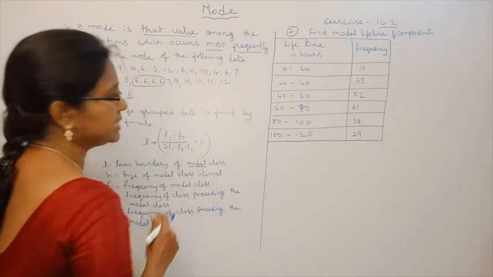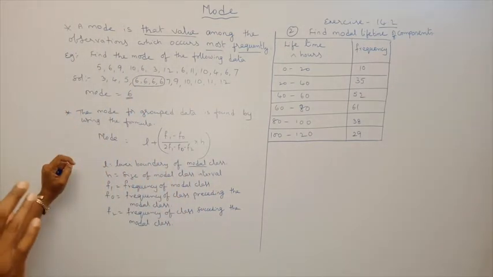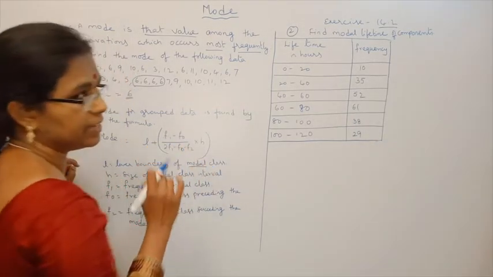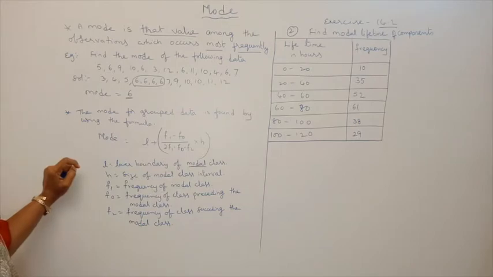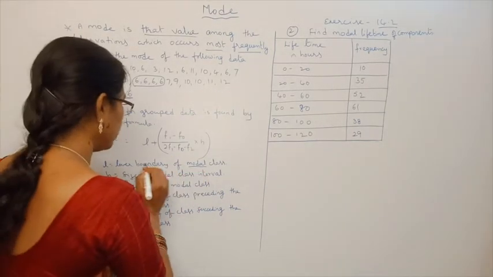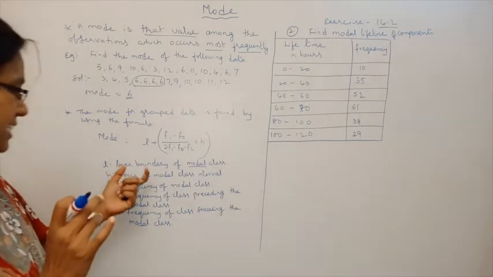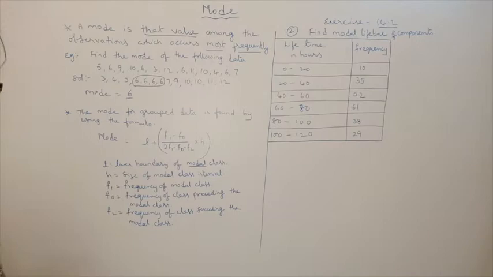The class interval with the highest frequency we call the modal class. That modal class lower boundary we call L, and the modal class size we call H.